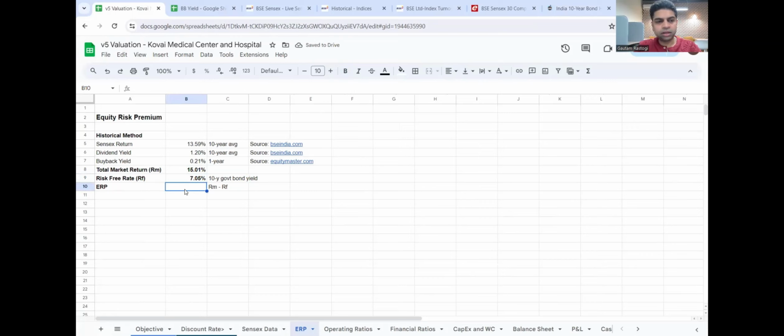All right. Now ERP is simple, no? You take the total market return minus your RF. This is a premium. See what happens. RM minus RF. Okay. And by the way, write the source here as well.